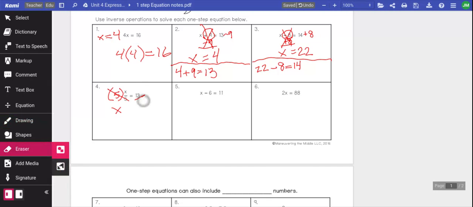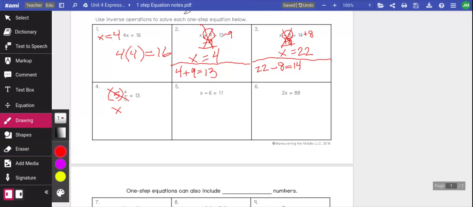I'm actually just going to leave that mistake verbally in there. Multiply by 5, because I multiplied on the left, I've got to multiply on the right. And 13 times 5 is 65. Easy way to check: if I take the x out and replace it with the 65 and divide it by 5, I get 13, which is what the original equation looks like with the variable taken out.